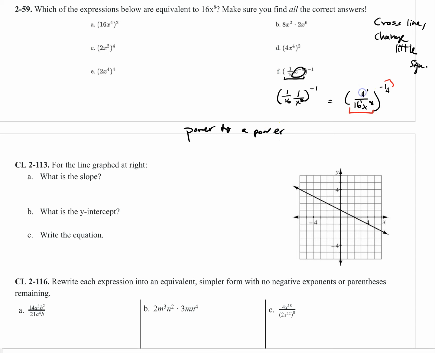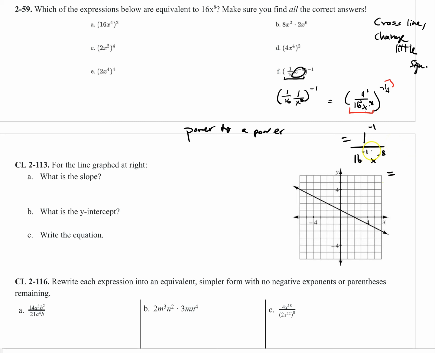So 1 raised to the power -1, multiply these, -1. 16 to the power 1, multiply, and that's -1. x to the power 8, and then power to a power, so we multiply the exponents. So it basically just makes all of the exponents inside negative.